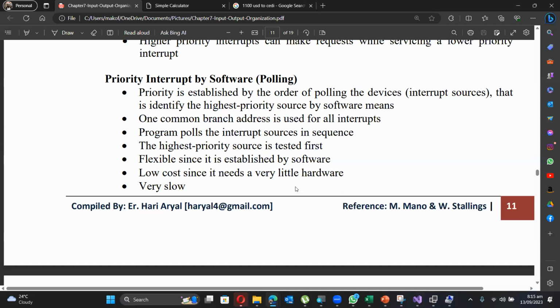The same way the computer also has priority, and sometimes the priority of the devices takes effect. If I plug up a pen drive and I plug up a printer and I plug up a monitor all at the same time, one of them is more important than the other.